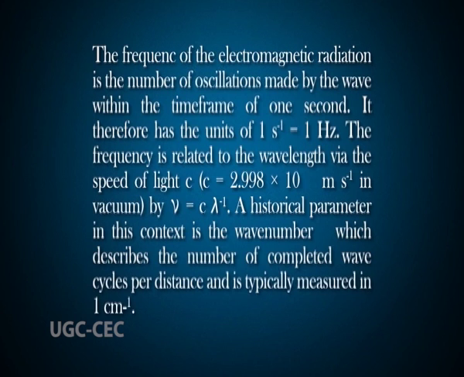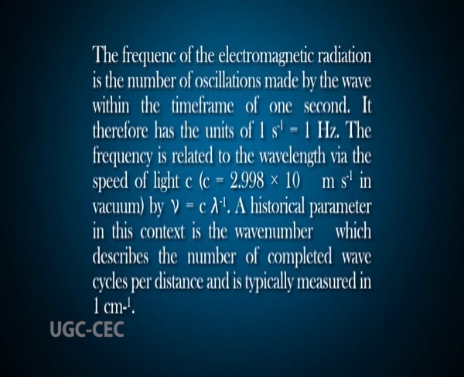The frequency of the electromagnetic radiation is the number of oscillations made by the wave within the time frame of 1 second. It therefore has the units of 1 second inverse, which equals 1 Hz.